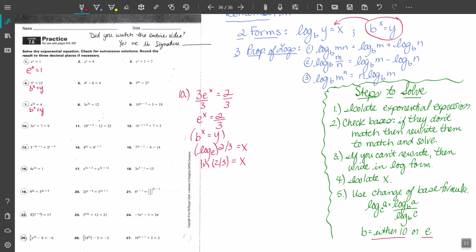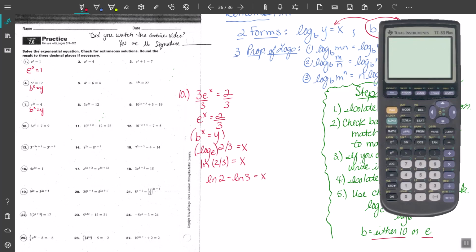Now we can put it into the calculator just like this, or we could rewrite it using one of the properties of the logarithms, number 2 up here, which says that if you have a logarithm of a division, you can take the natural log of the numerator, 2, and subtract from that the natural log of 3, and you will also get the answer as well. All right, so plug this into the calculator.